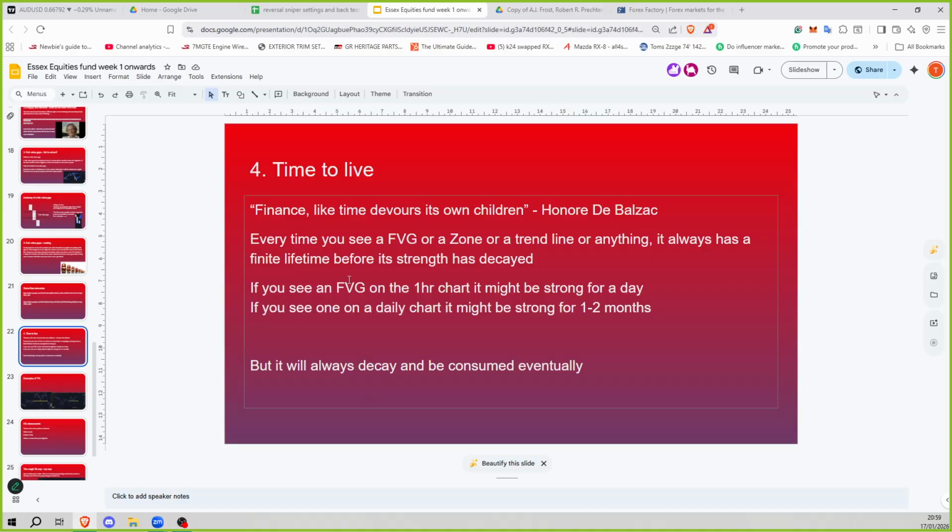So right near the beginning of this, when I was going through support and resistance, I mentioned that they get weaker over time. This is where I would like to quickly introduce the concept of time to live.